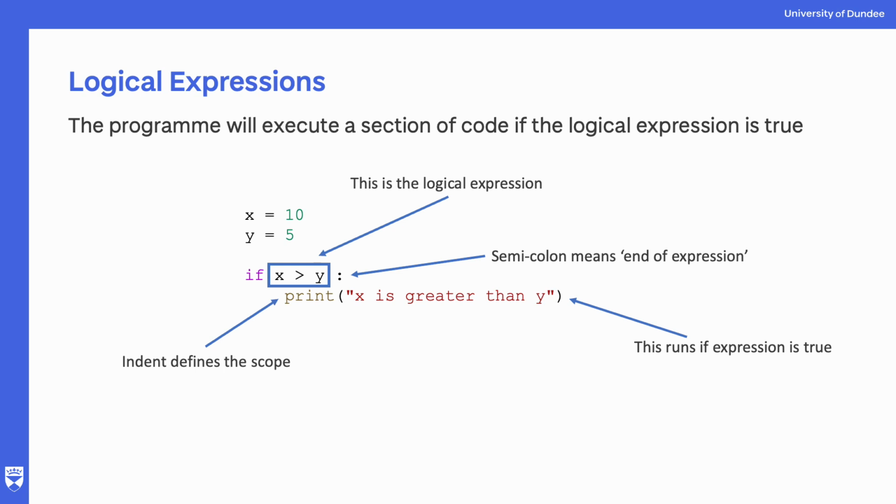Anything that you want to run only if x is greater than y needs to be indented. As soon as you push it back in line with that if statement, it will either cause an error if there's no indented code, or you're potentially creating an error within your code where it will be run all of the time and not just within the scope of if x is greater than y.